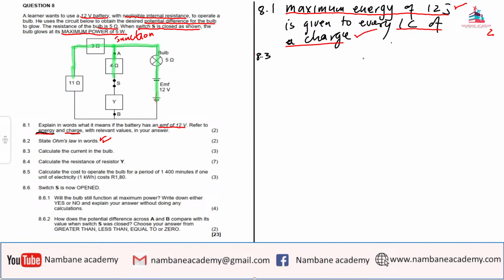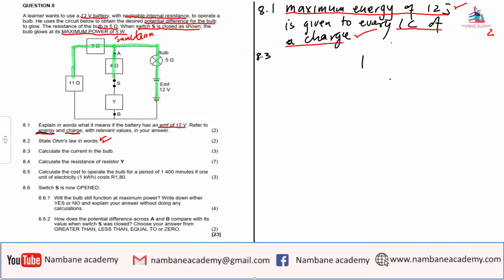I am going to say fine, the circuit will look something like this, where I am going to have X, which is the bulb. I am going to have the battery that is giving me the EMF of 12 volts.